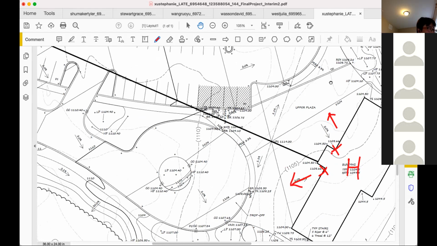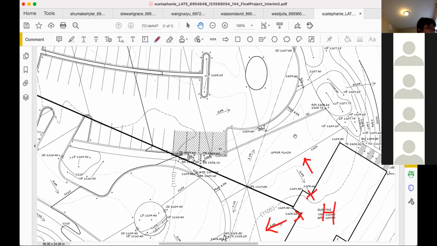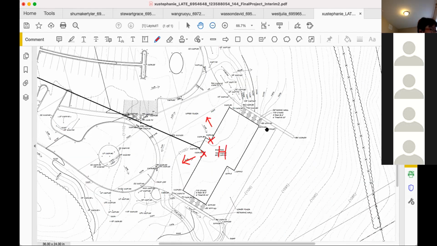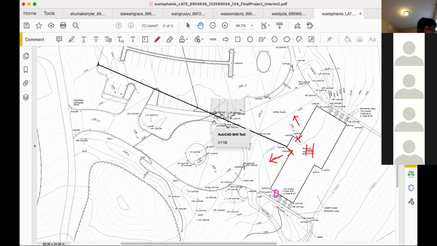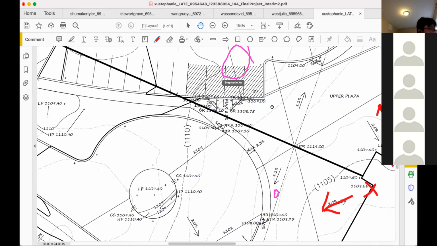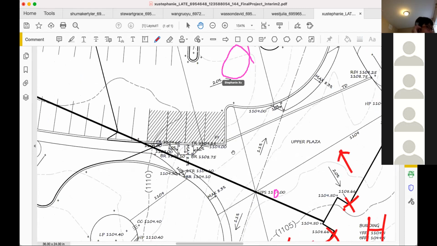Okay, got it. So I think I also got lost here. Yeah, you wouldn't need a DI here. The reason being, that's not the lowest point.